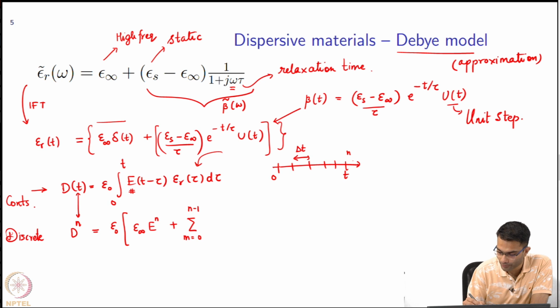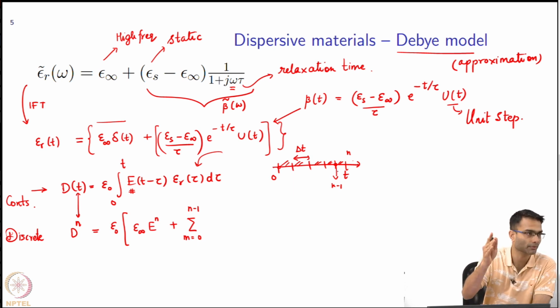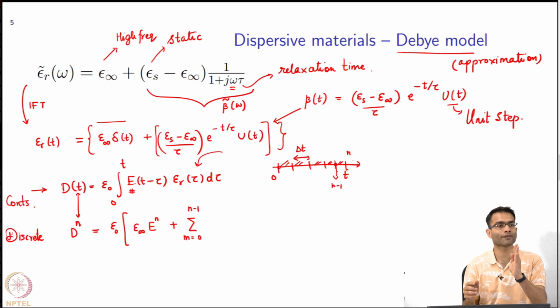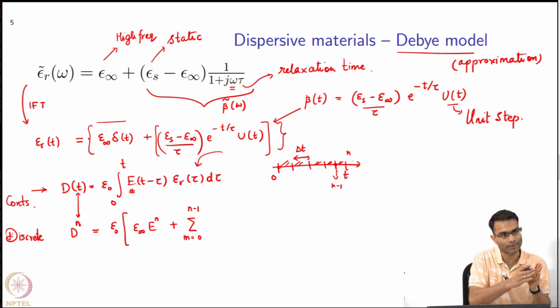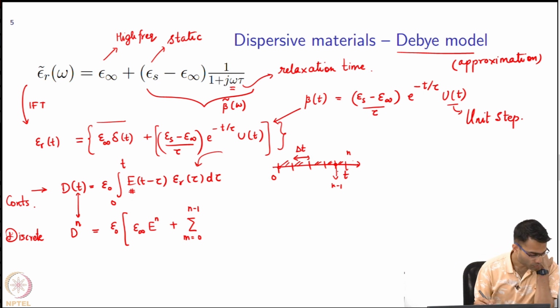I have this interval, this, this, this, and finally this, so it is 0, 1, 2, 3 all the way up to this point, which is n minus 1, the starting point of the time interval. I am going to assume the electric field at the start of the delta t remains the same for that delta t, right.